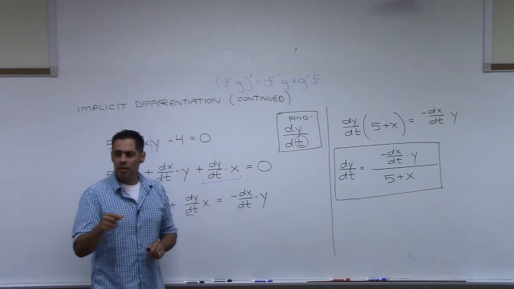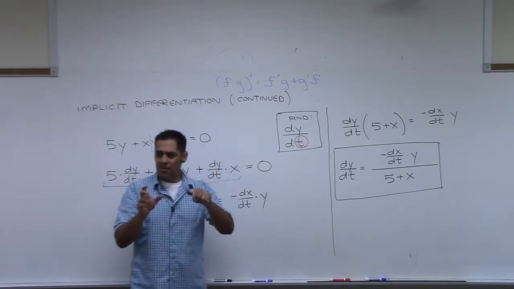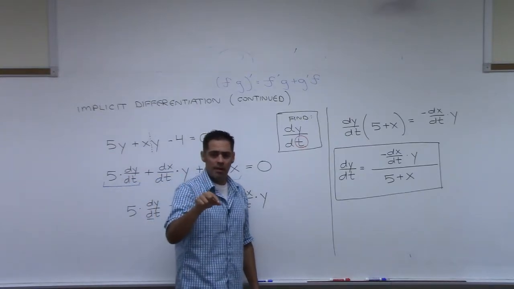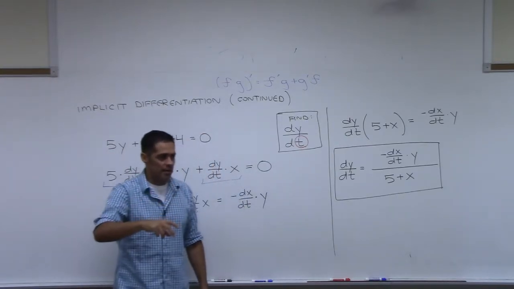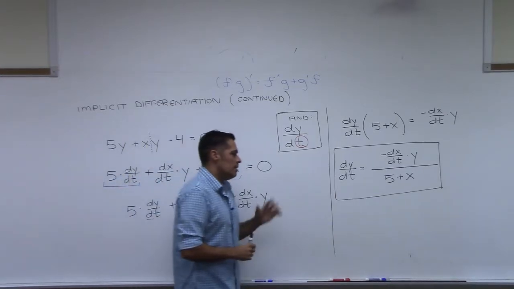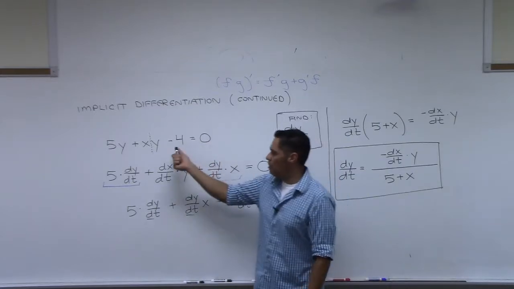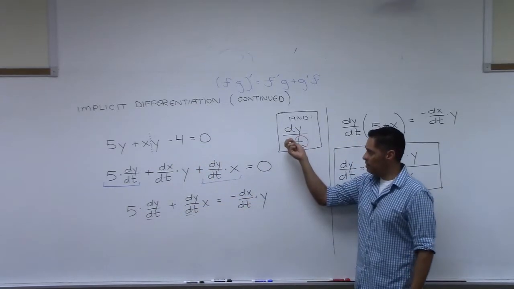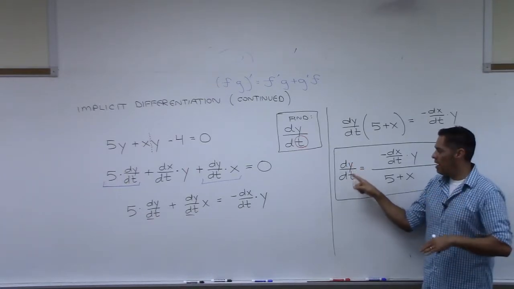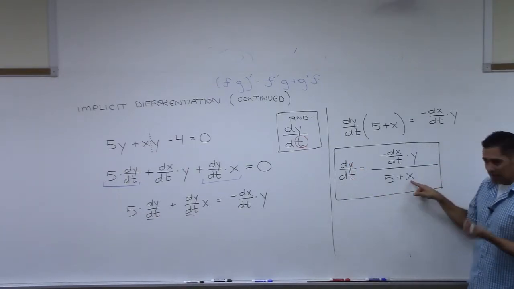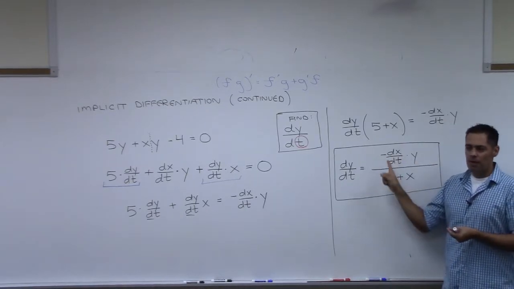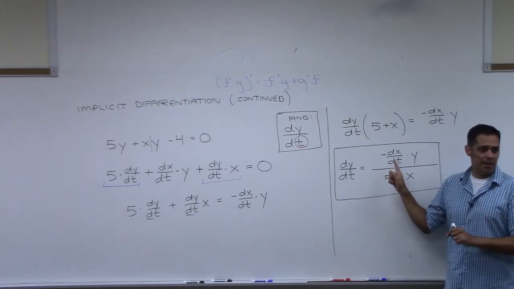Now on your homework, you were given an equation and asked to find y prime. They gave you a point, and you used that point and calculated some number at the end. With this particular problem, in order to find the rate at which y changes with respect to time, you have to know what x is, what y is, but you also have to know the rate at which x changes with respect to time.